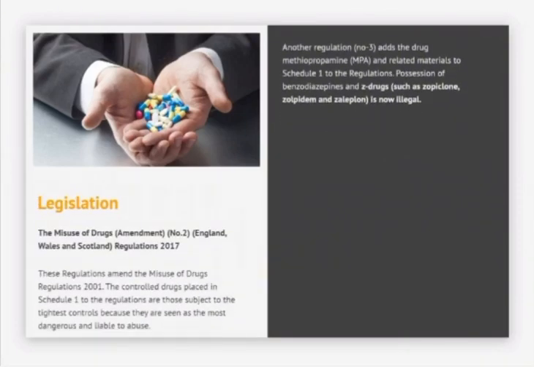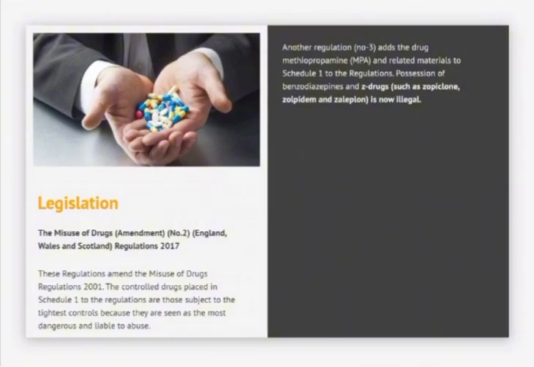The Misuse of Drugs Amendment Number 2, England, Wales and Scotland, Regulations 2017. These regulations amend the Misuse of Drugs Regulations 2001. The controlled drugs placed in Schedule 1 to the regulations are those subject to the tightest controls because they are seen as the most dangerous and liable to abuse.